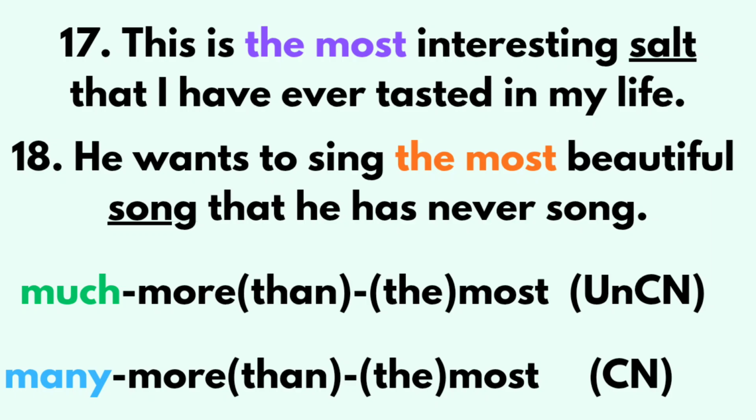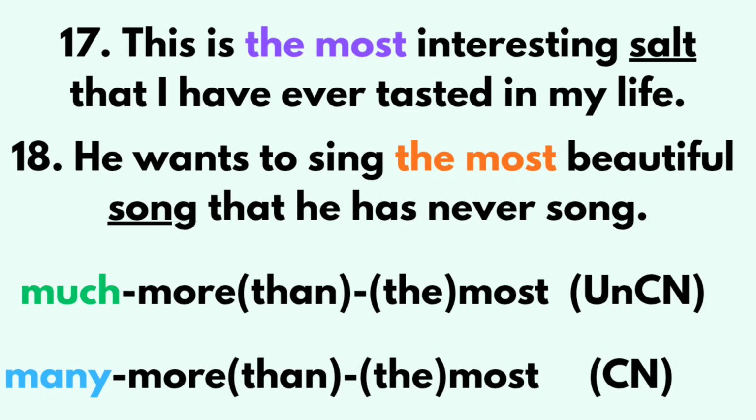Suppose we take another example. Information. Many information. No, it doesn't make sense. Much information. Now the meaning is clear. Much information is the correct usage. How much information? Much information. Now the concept is clear, right? Like that, you take any quantifier and any random noun and place that quantifier before the noun.